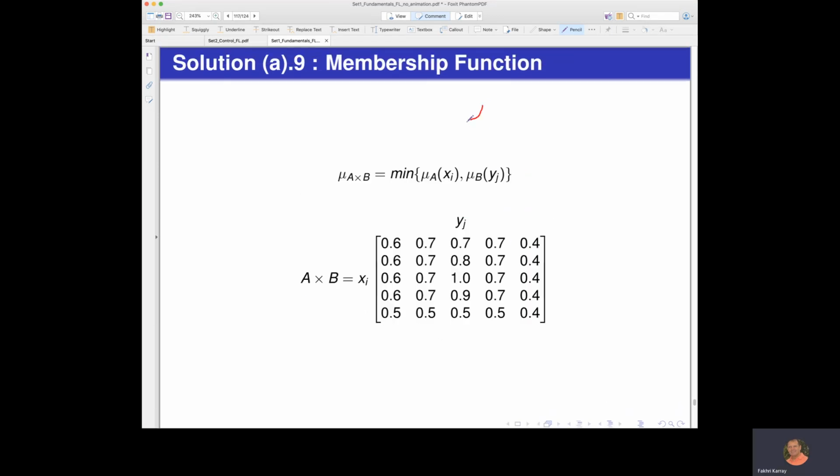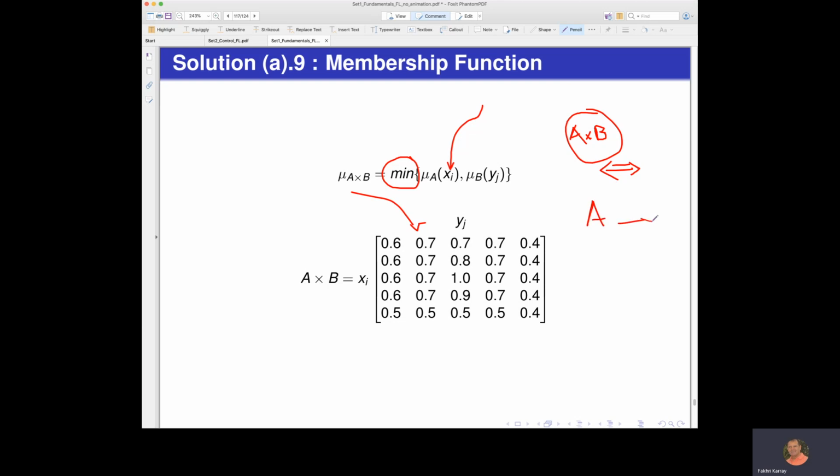We do the same thing for the Cartesian product, which has exactly the same thing. So we obtain the same relation, because we know that the Cartesian product is no other than an operation which is equivalent to an implication.